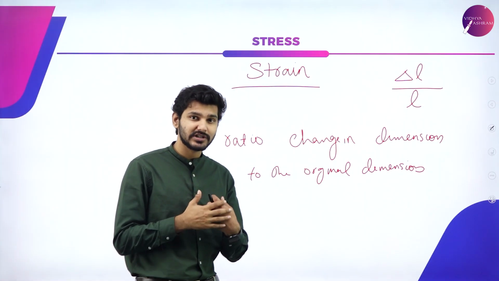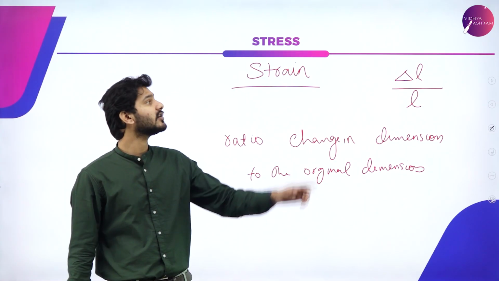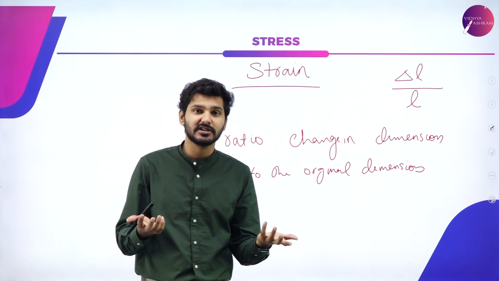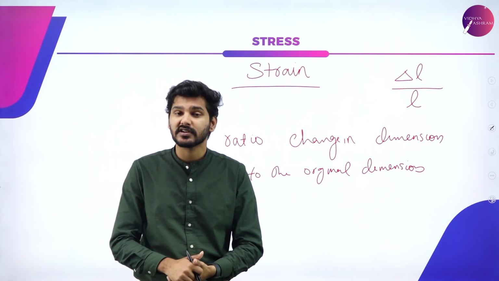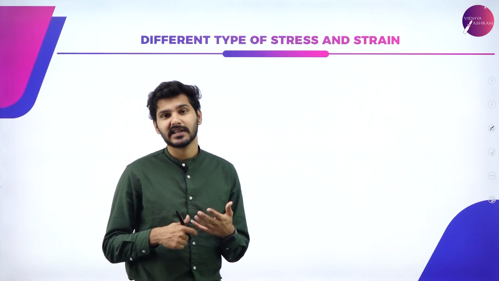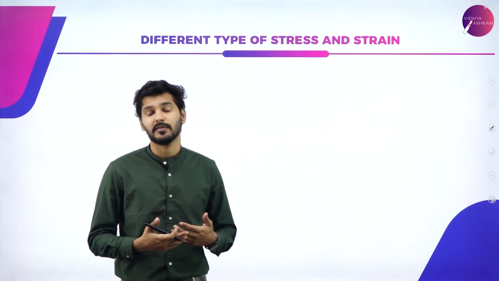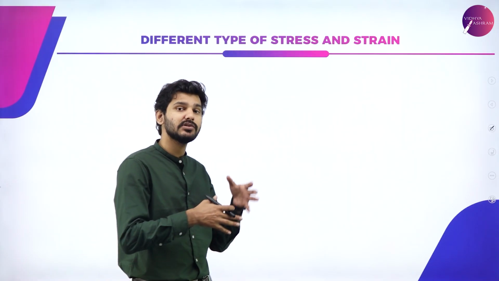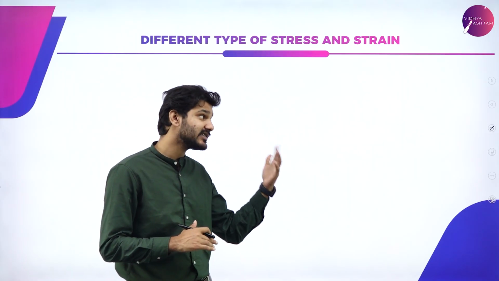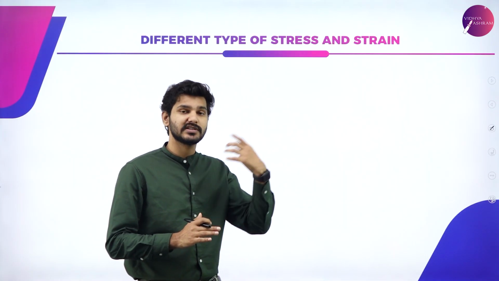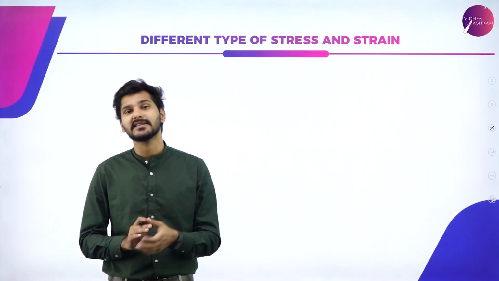And now we are going to learn different types of stresses and strains that different types of solids are subjected to. Mainly there are three different ways a solid can change its dimension when we apply an external force to it. So we are going to divide this into three categories of strains and stresses, and analyze the differences, the key points, and how it is happening.